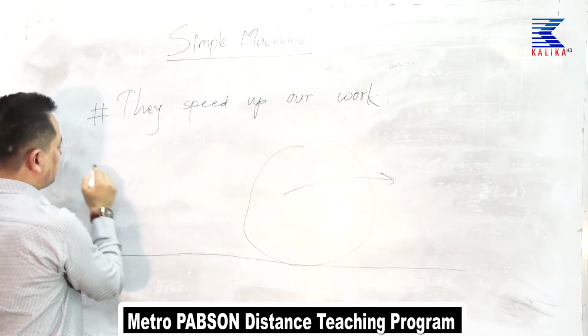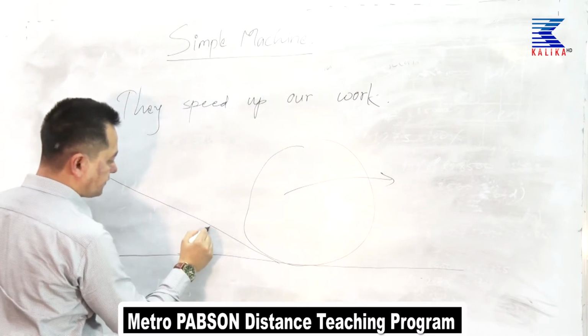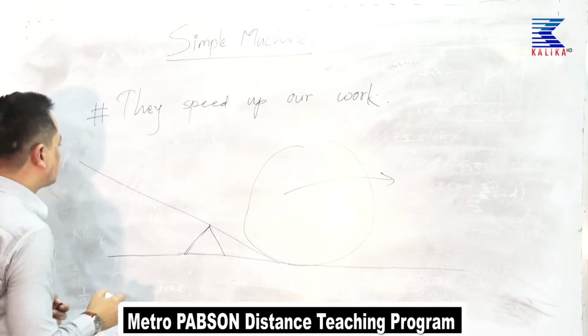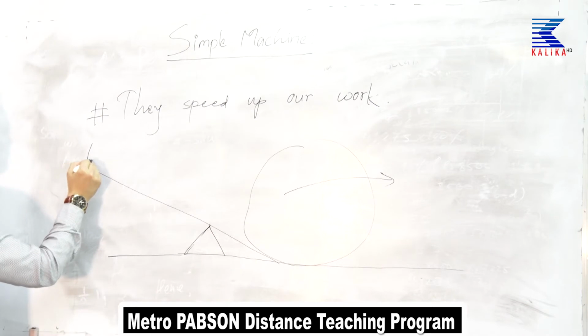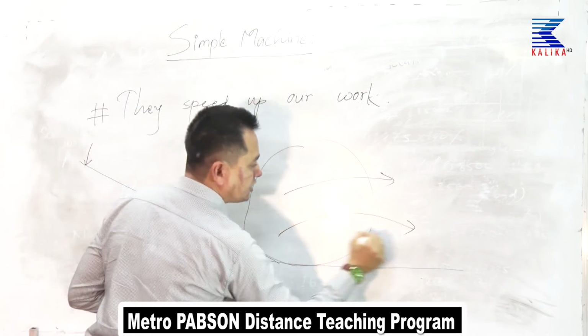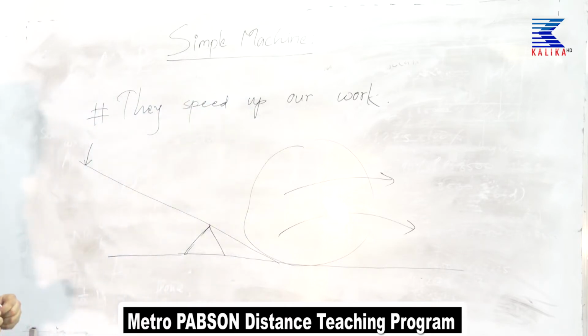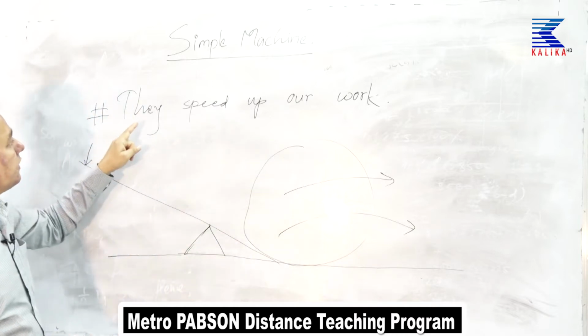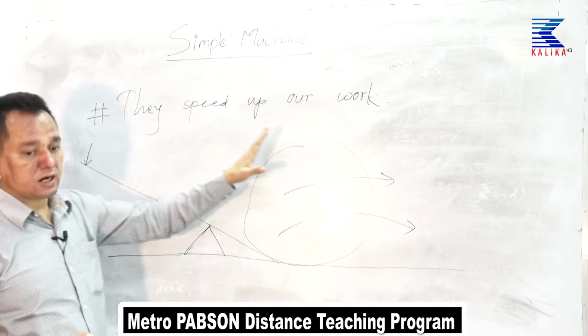But using a crowbar, an example of lever, we simply use a small amount of force and it easily gets turned. It means we can do it in a short period of time. Simple machines speed up our work.